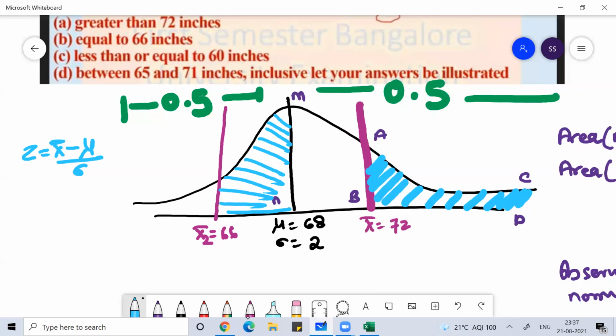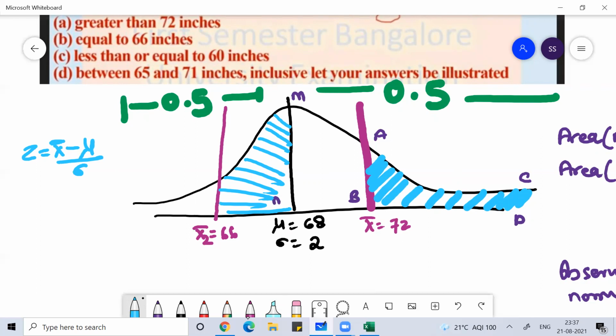So how many people have a height less than or equal to? If I find z equal to x minus mu by sigma, here this is 61, right?